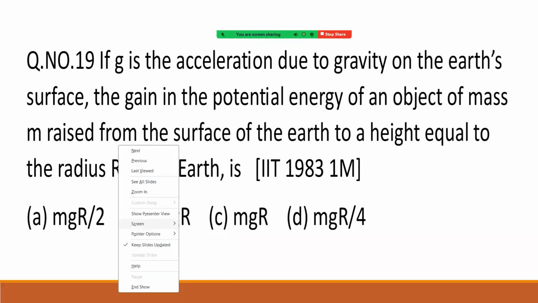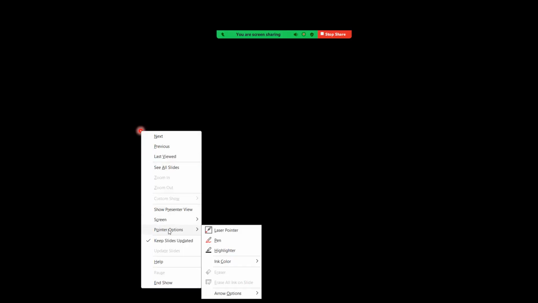See how we are solving it. So taken to a height h equal to r. So what is now the change in potential energy? Now see what we can say here. This is initially on the surface. Suppose mass capital M, this is small m. So initially potential energy initial.